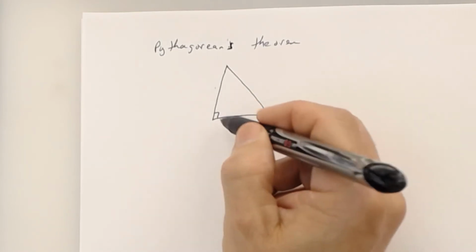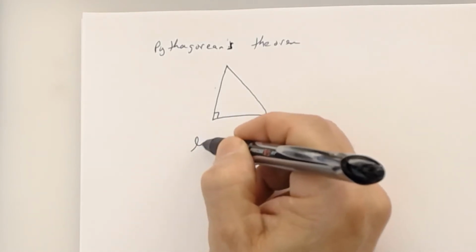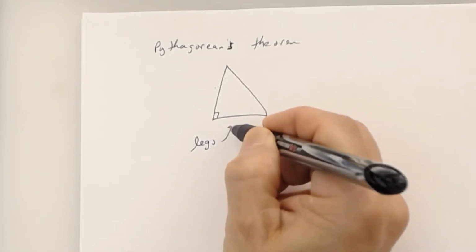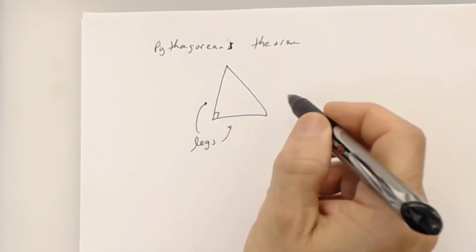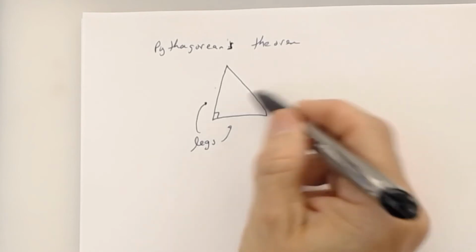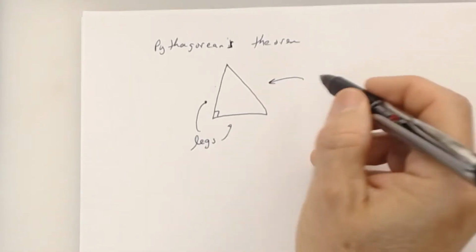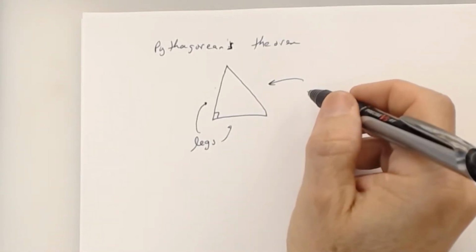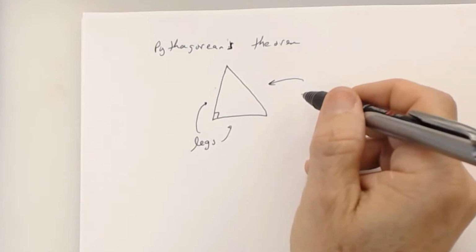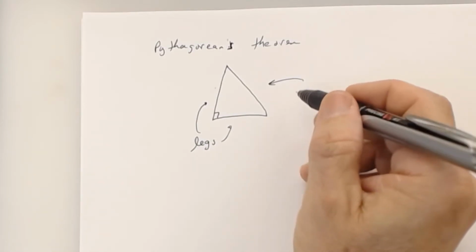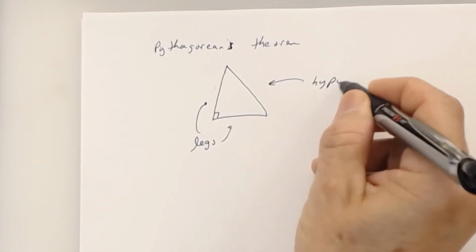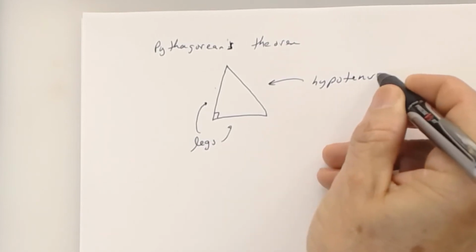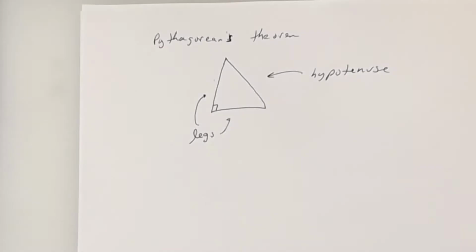Legs. Those are called legs. And the side opposite the right angle, remember what that's called? People, it wasn't too long ago. Hypotenuse. And I may have spelled this incorrectly, but hypotenuse.